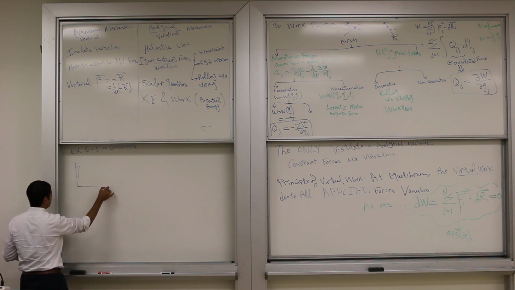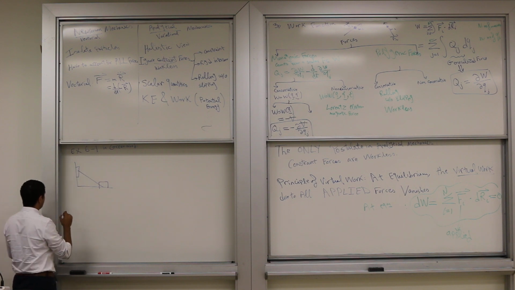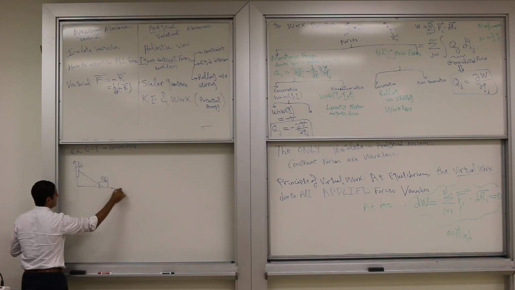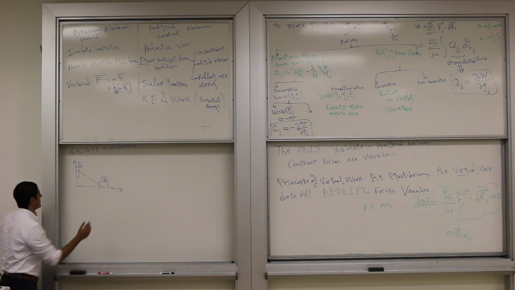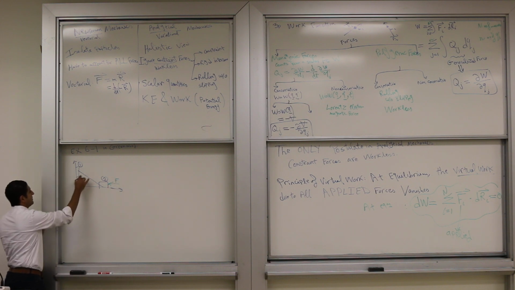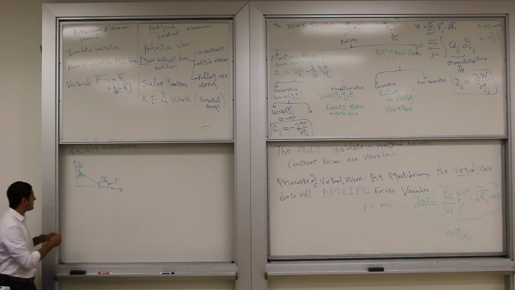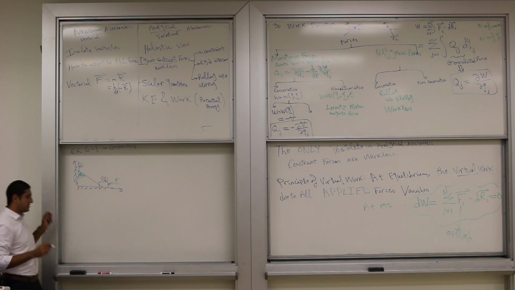Okay. So this is 1, 2. There is an applied force here, F, at some angle theta. He is asking what is the required force F to produce equilibrium at this particular angle theta. That's it, this is the question.